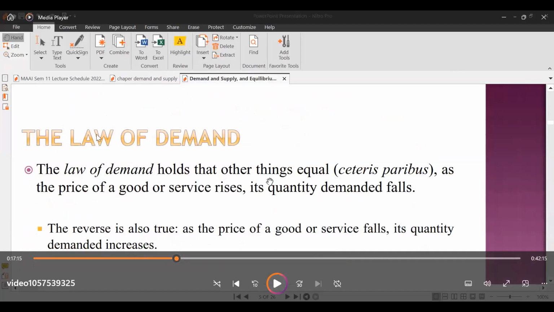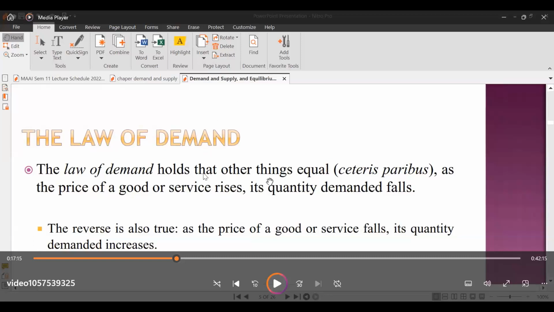When we consider the law of demand, it means hold other things equal or hold other things constant, in the relationship between the price and the quantity of a commodity, good or service.